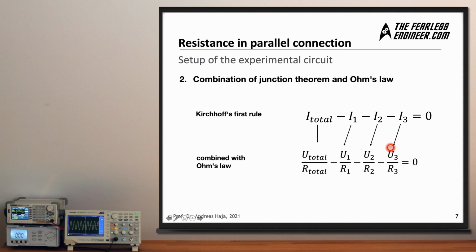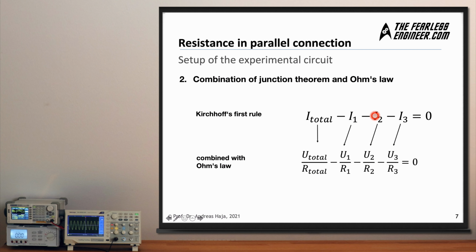And as you can see here now, we are applying Ohm's law to this sum of currents entering the topmost node. We can replace the total current entering the node by the ratio of voltage divided by resistance, and we're going to replace I total by the ratio of total voltage divided by total resistance.